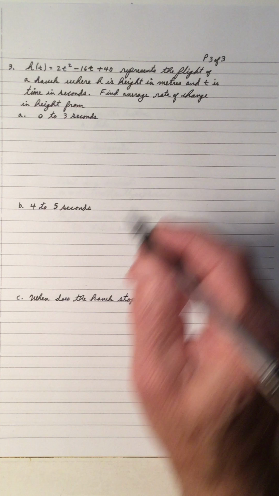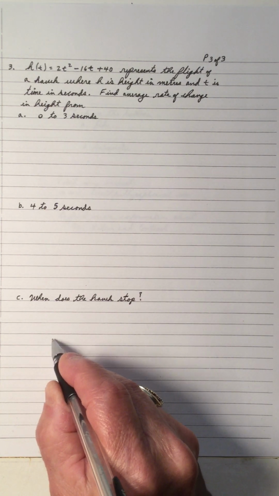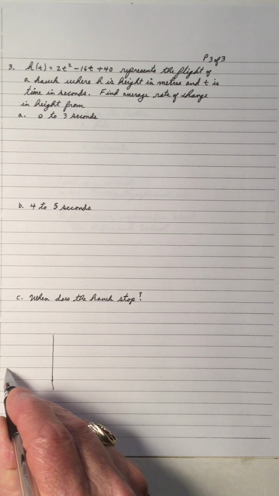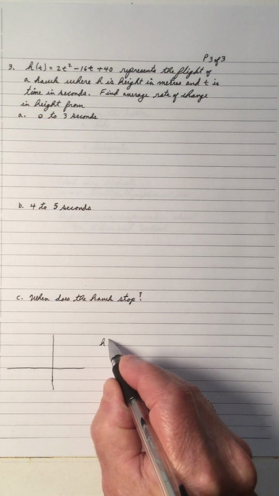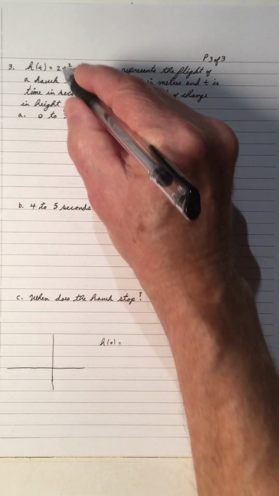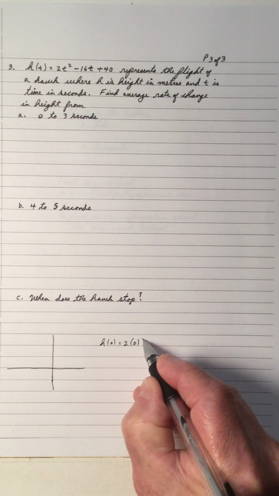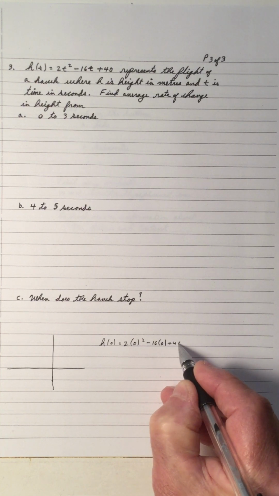So before we start all that, what we should do is probably look at a diagram. If we let t equal 0, then we get 2 times 0 squared minus 16 times 0 plus 40.